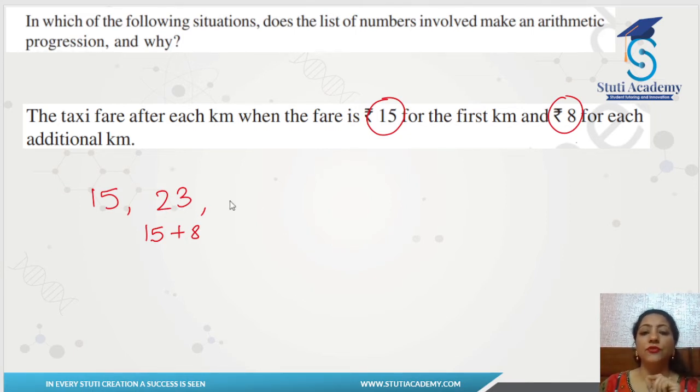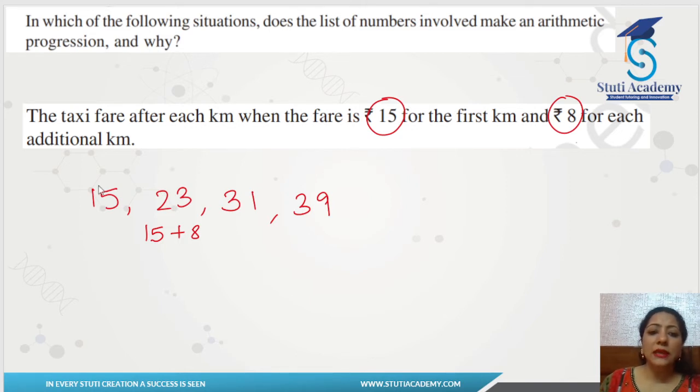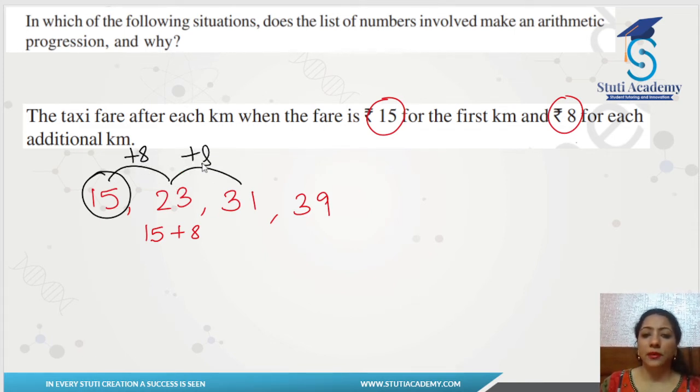So if you are traveling for 3 kilometers, you will be paying how much? 31, 8 rupees more. If you are traveling for 4 kilometers, you will be again paying 8 rupees extra, that is 39. Now please notice here we are starting from 15 and every time we are adding 8 to get the next term. So this is an arithmetic progression. Yes, this is an arithmetic progression because we have a common difference, that is positive 8.